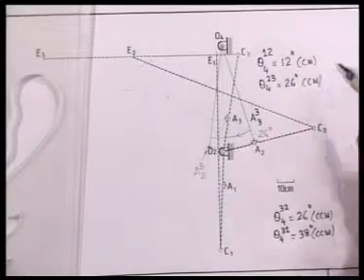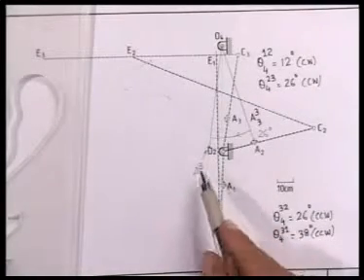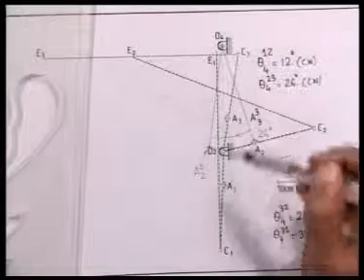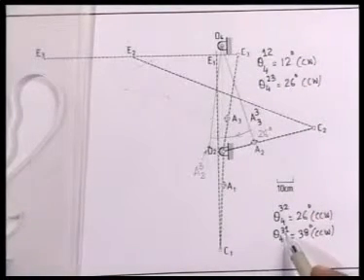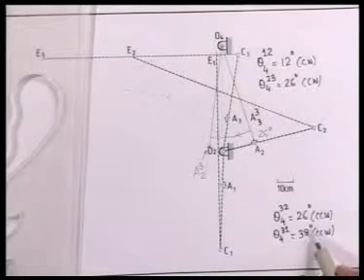So to get to the point A13, I have to rotate O4A1 through minus theta 431, which is again 38 degree clockwise.